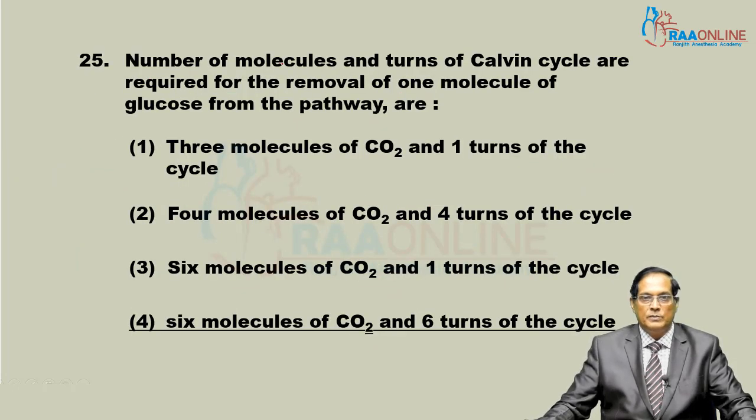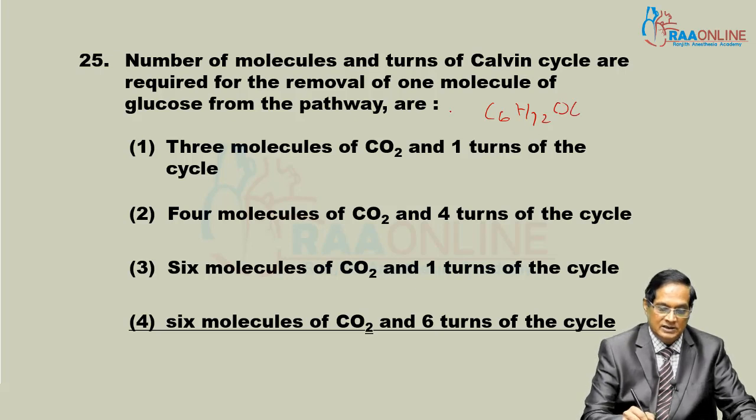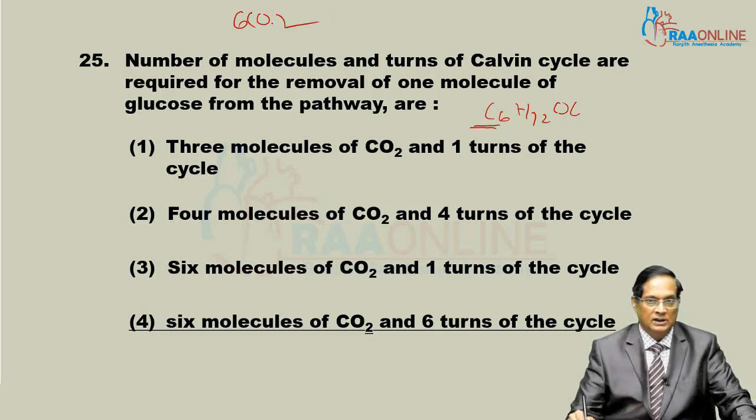25. Number of molecules and turns of the Calvin cycle required for the production of one molecule of glucose. One molecule of glucose is a 6-carbon compound, C6H12O6. In that case, for 6C, 6 carbon dioxide are required.